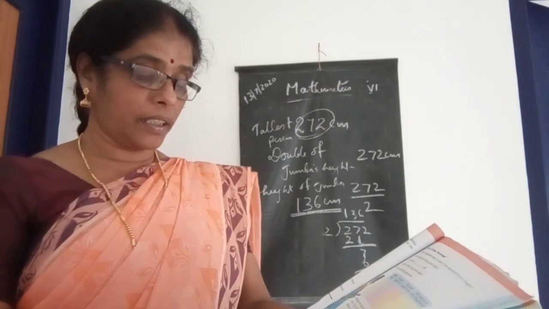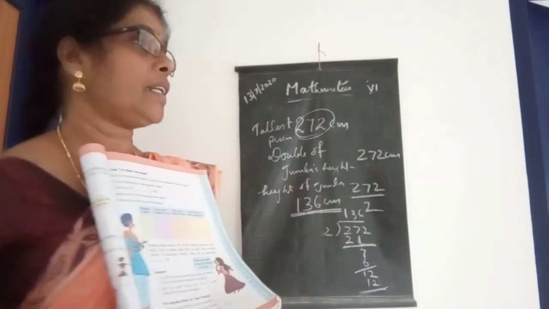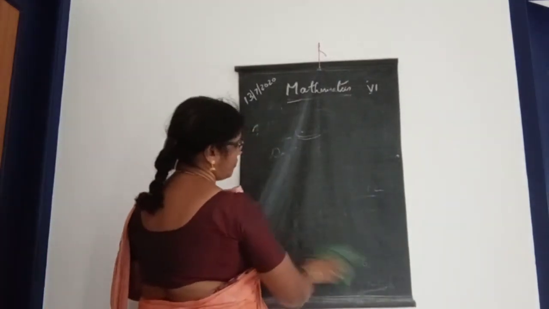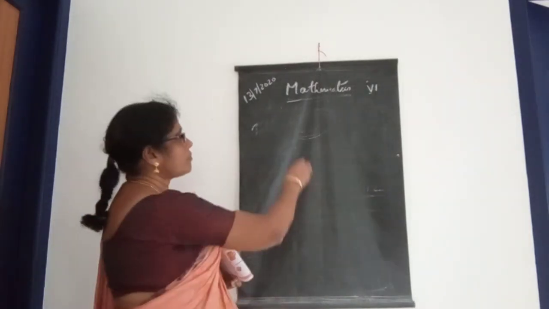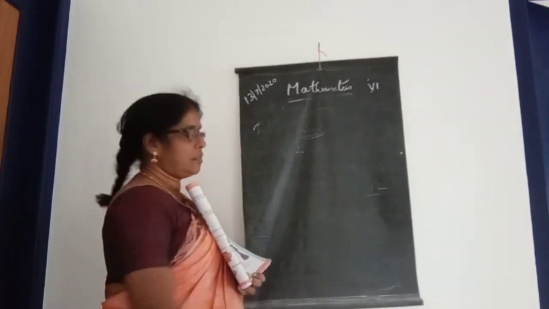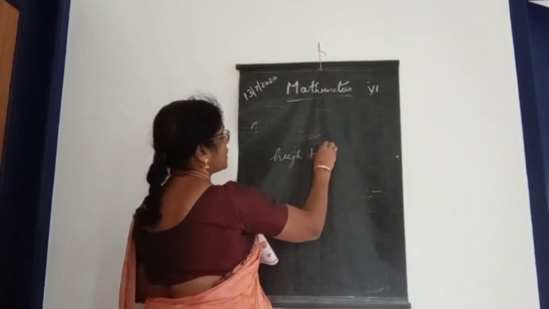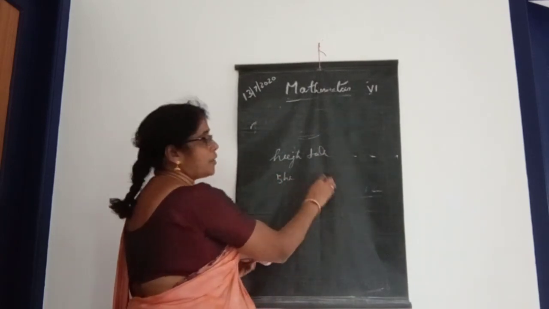And next one, what is the difference between their heights? What is the difference between their heights means who is the tallest person in your house, and their height you want to write here. The height of the tallest person, how much, you write it, and the shortest person's height also you write.